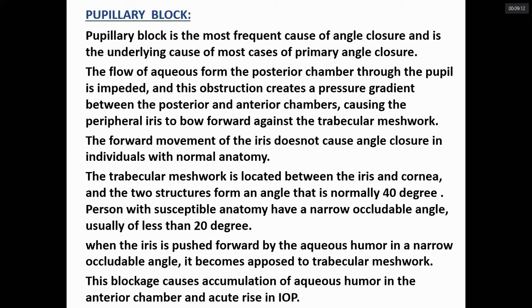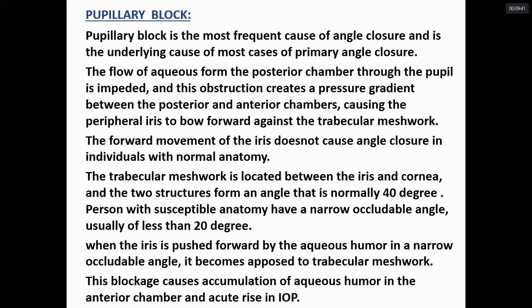When the iris is pushed forward by the aqueous humor in a narrow occludable angle, it becomes apposed to the trabecular meshwork. This blockage causes accumulation of aqueous in the anterior chamber and an acute rise in intraocular pressure. So in this predisposed eye, we will discuss the anatomical predisposing factors.